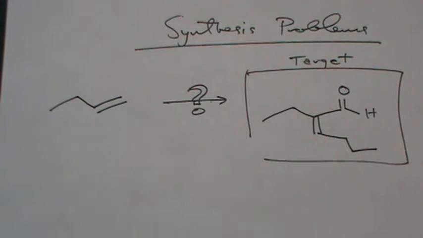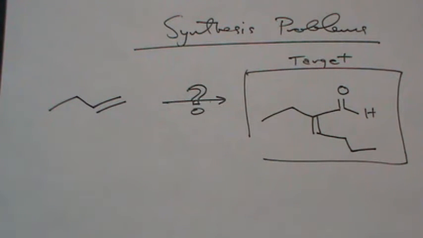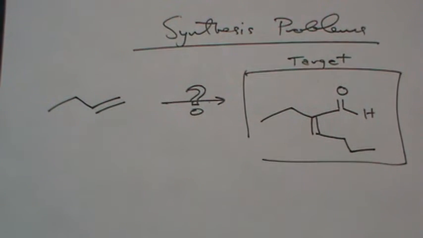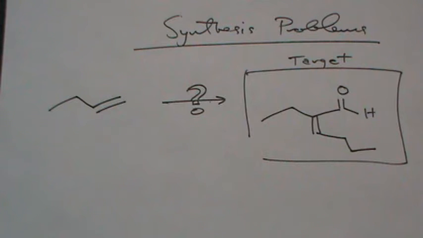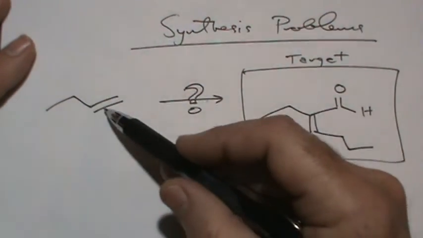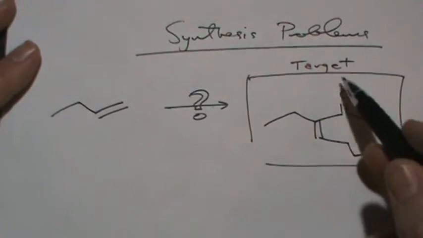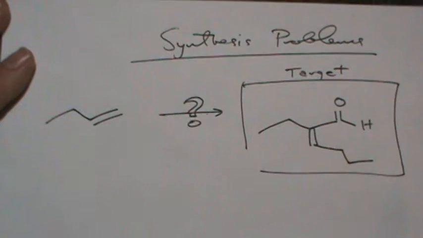Now that we know about Aldol condensations and Knoevenagel condensations and the like, it means we can add an extra wrinkle to some of the synthetic problems, the likes of which we've been tackling in recent weeks. So for example, we should be able to take this 4-carbon alkene and convert it into this aldehyde.